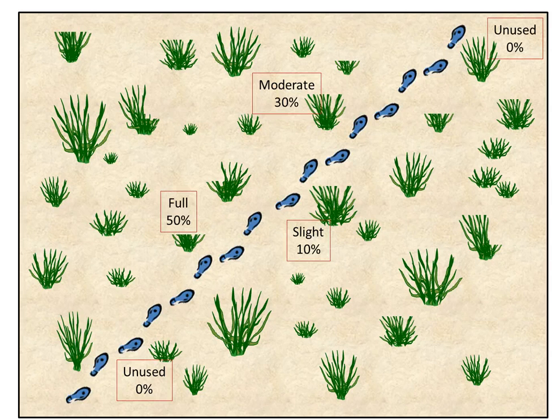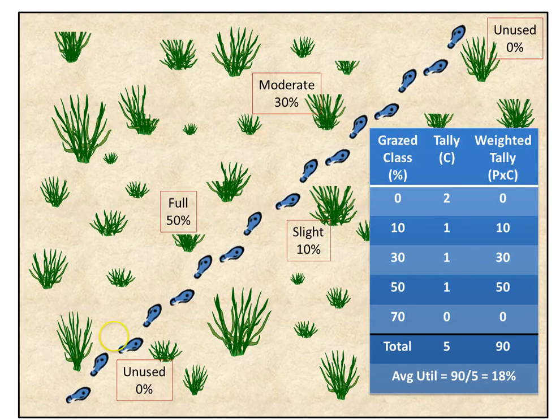In this case, remember, we're just comparing them to photo guides to see which class they would fall into. And they were classified. We had 2 plants that were ungrazed.